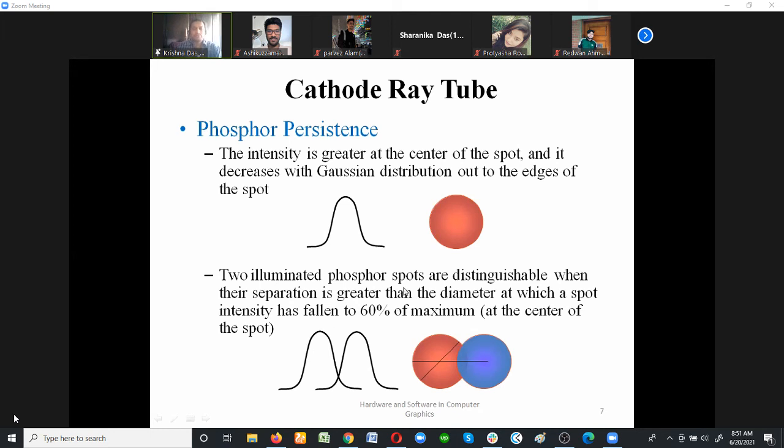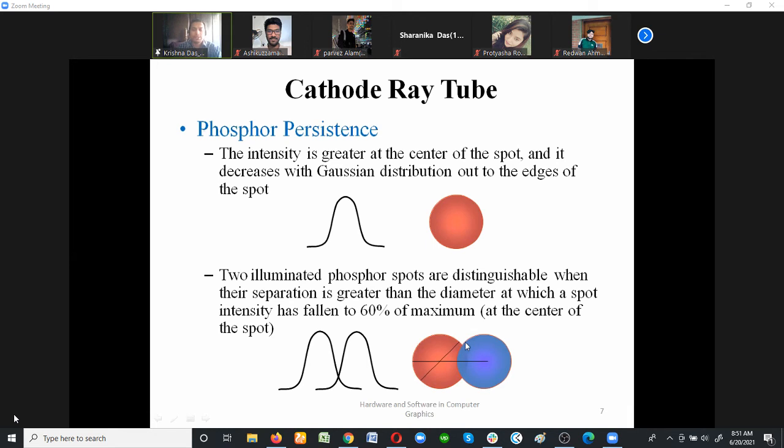Now, two illuminated phosphor spots are distinguishable. The next point we have discussed is that two spots are distinguishable, meaning they can be identified as two different spots, if their separation, the line from the circumference of one spot going through the center of both, is greater than the diameter of either spot.